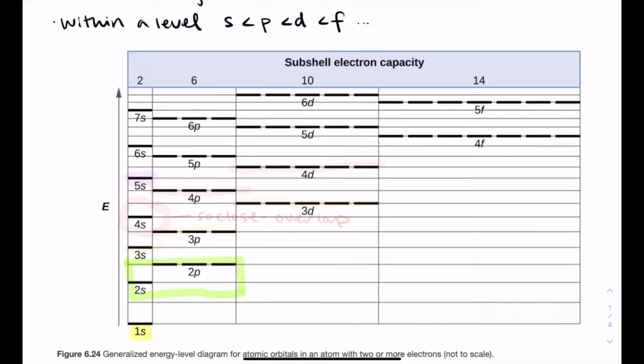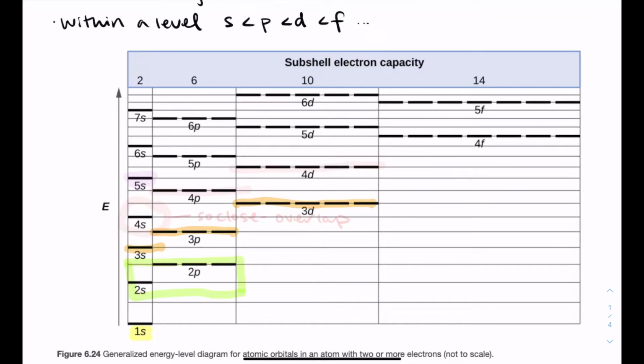And then this is where things start to get just a little bit complicated. Remember from the Bohr model that the energy levels get closer together as you go up in energy, which means that sometimes our levels start to overlap.